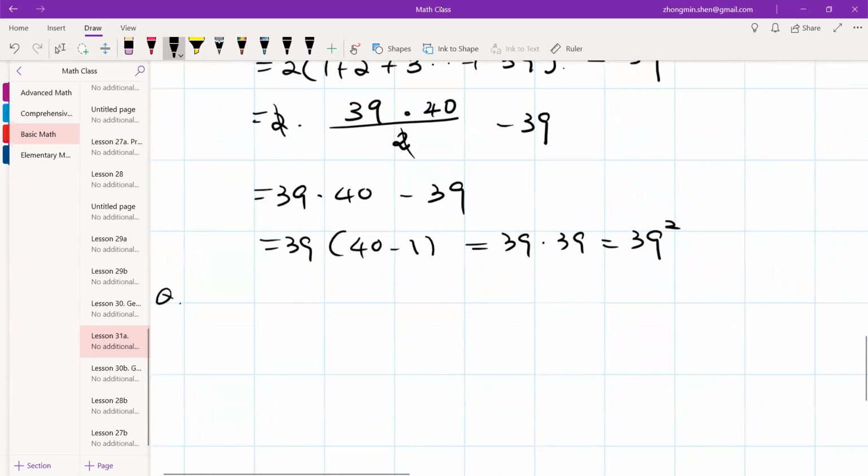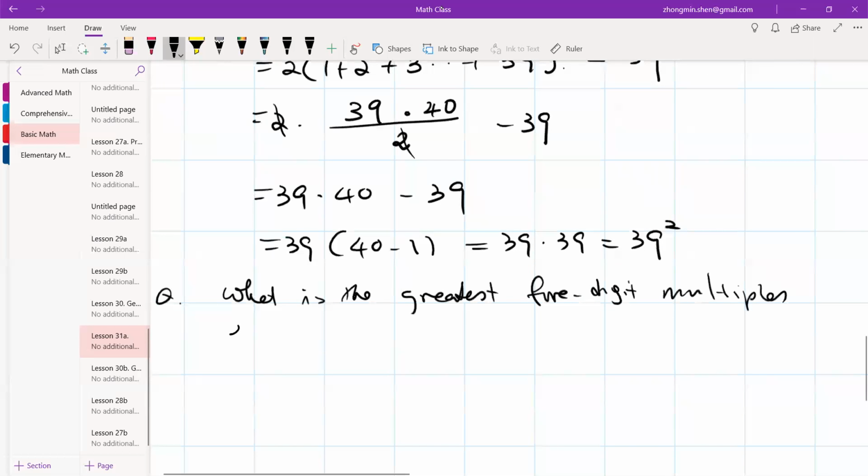All right, so the next problem will be: what is the greatest 5-digit multiple of 5 with 5 distinct odd digits?